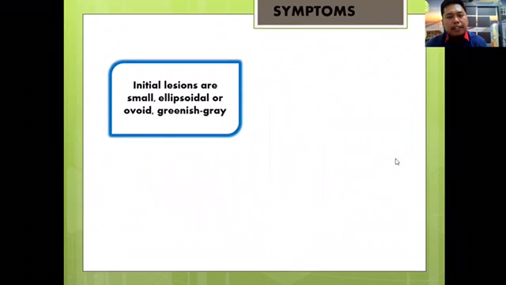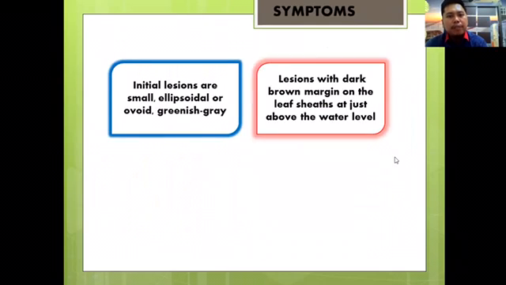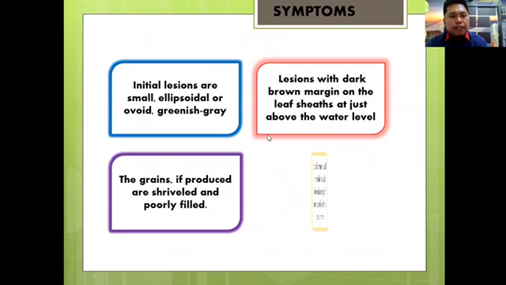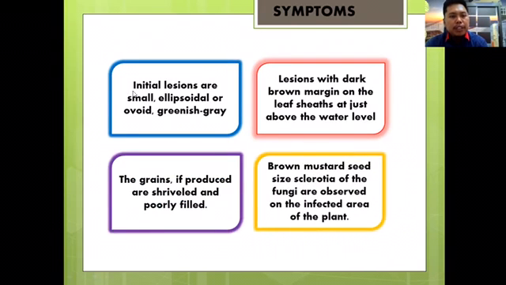And in the next slide, I will tell you about the symptoms of sheath blight disease. First, initial lesions are small, ellipsoidal or ovoid, greenish gray. Second, lesions with dark brown margin on the leaf sheath just above the water level.